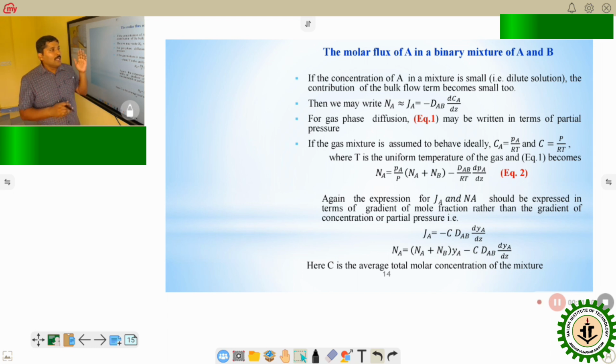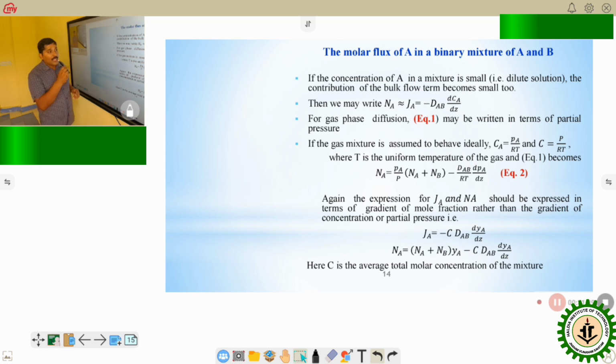This concentration form is used for the liquid phase, and we can use it for the gaseous phase using the ideal gas law. I have already shown previously that C_A is equal to P_A by RT, the partial pressure of component A, and capital C is equal to P by RT, total pressure over R and T, where R is the universal gas constant and T is the absolute temperature.